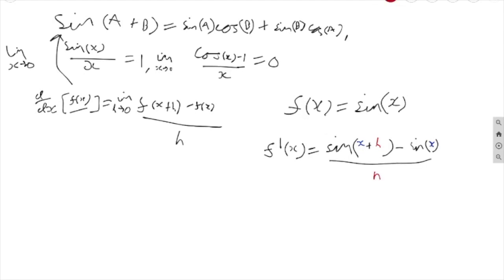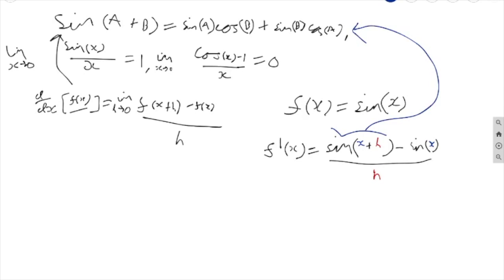by h. Okay? So the first thing we're going to note here, in order to do something with this, is that this term right here, the sine of x plus h, all of this, is just the same as our top line up here. It's sine of something plus something.